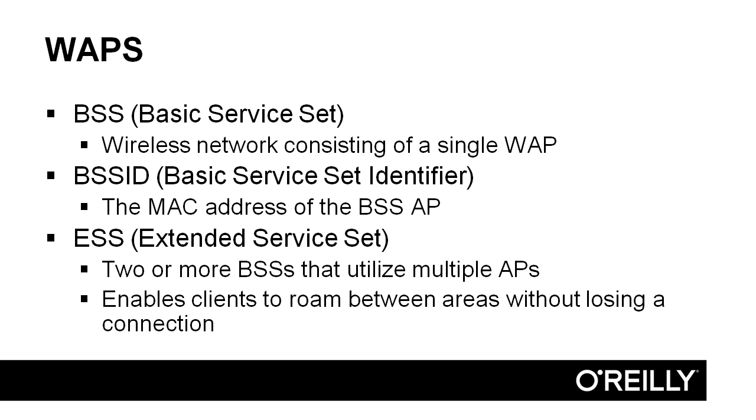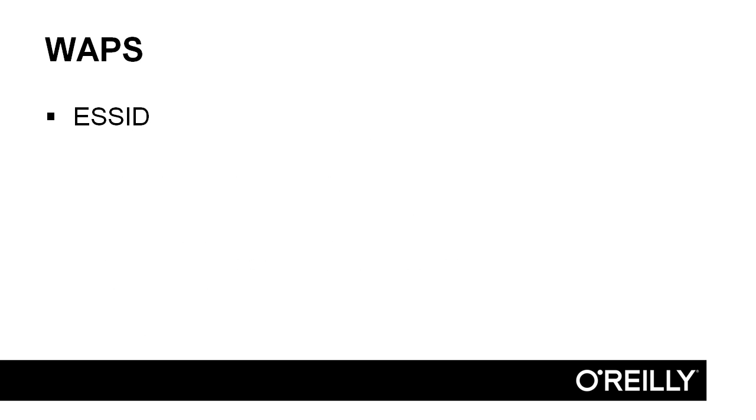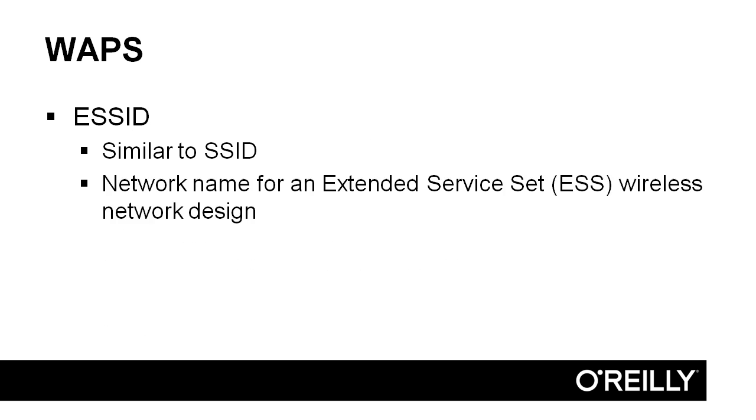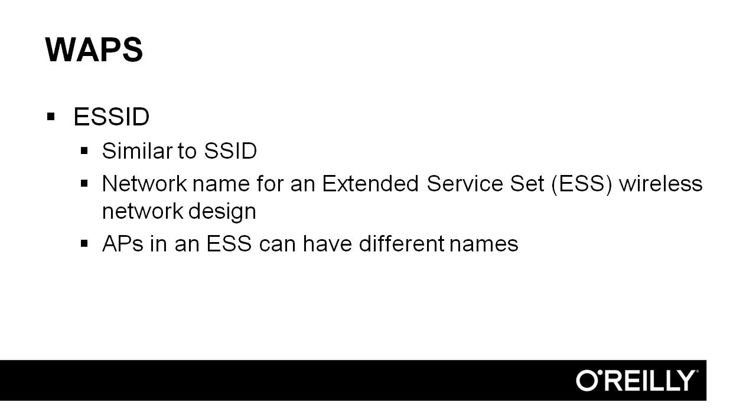And this enables clients to roam between an area without losing a connection. So if we're trying to provide wireless in a really large room, ESSID, similar to SSID, but it's just a network name for an extended service set wireless network design. Now keep in mind, the access points in an ESS can have different names, so that's kind of a weird one, but that can happen.